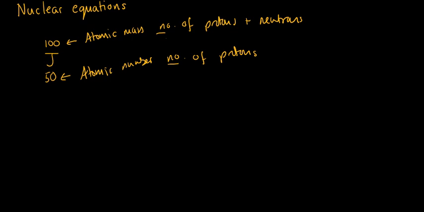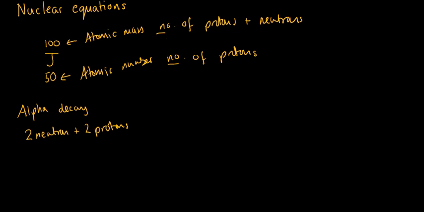Okay, so bearing this in mind, we have different types of nuclear decay. The first type we need to know about is alpha decay. In alpha decay, an atom loses 2 neutrons and also 2 protons from its nucleus.